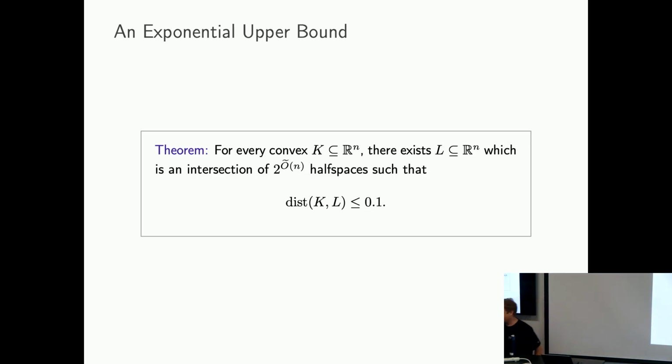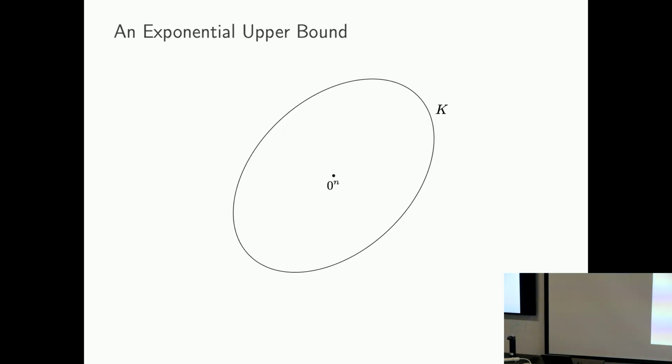I'm going to give you a proof sketch of this. So let's say here's a set K that you want to approximate. The first thing you can do is intersect it with a ball of radius root n plus 100. This is just an L2 ball.